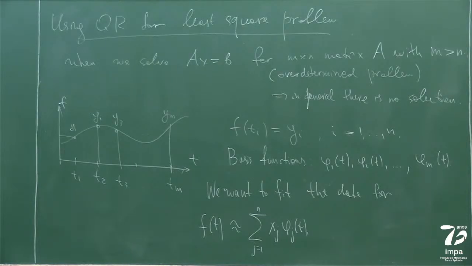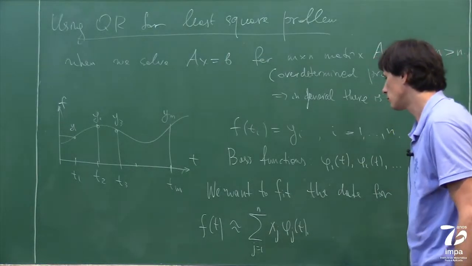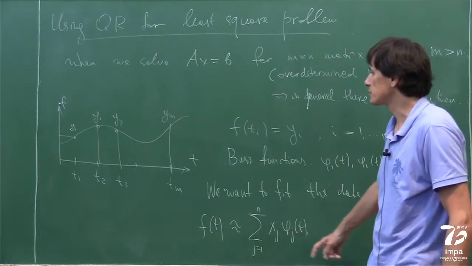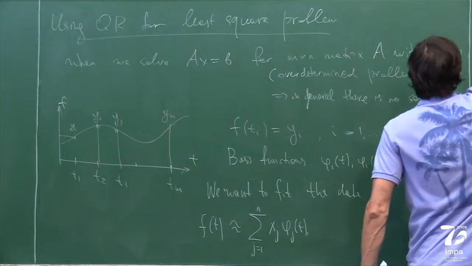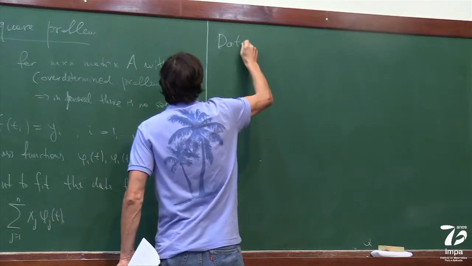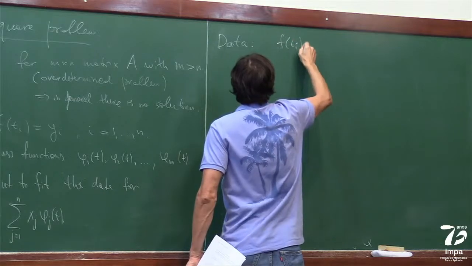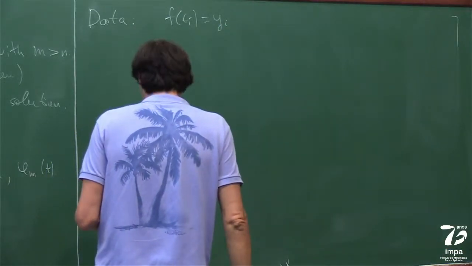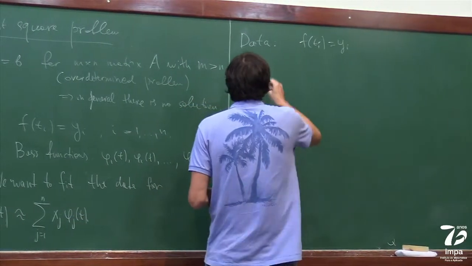Good. So what does it mean, we want to fit the data? It means that we want this equation to be satisfied at the points which we measured. So the data implies that f of ti equals yi, and now for f, we substitute this sum.